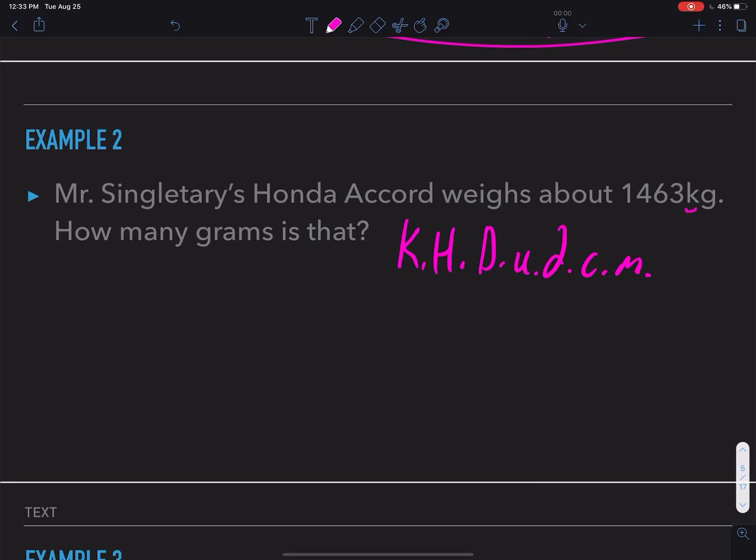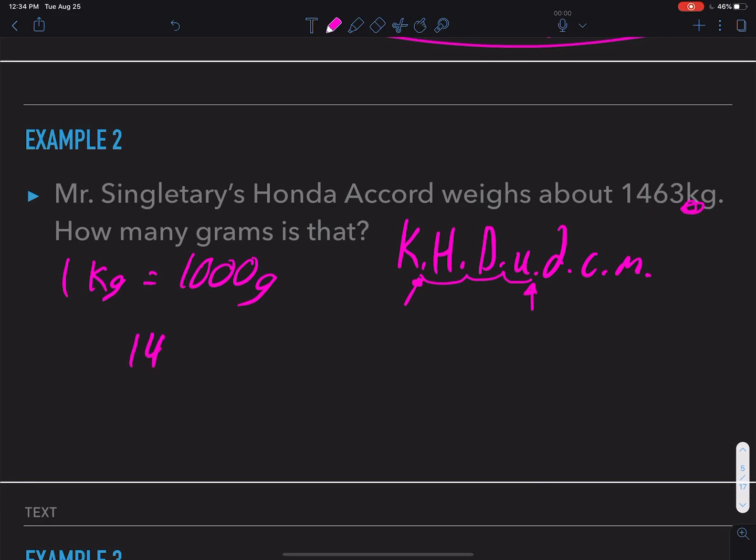We're looking for kilograms, so that would be this decimal. And then grams is our base unit. So this is 1, 2, 3 decimal places away. That means that 1 kilogram equals 1,000 grams. So that's going to be very useful in solving this question.